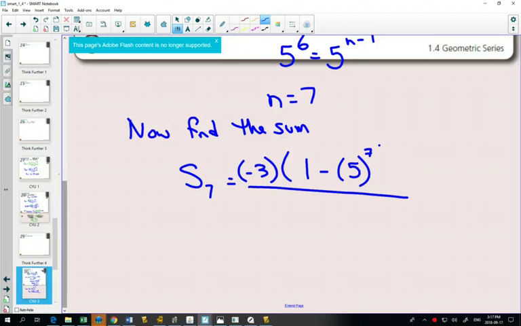And now we know that n is 7. Plug that into your calculator, push enter, and you get -58,593.